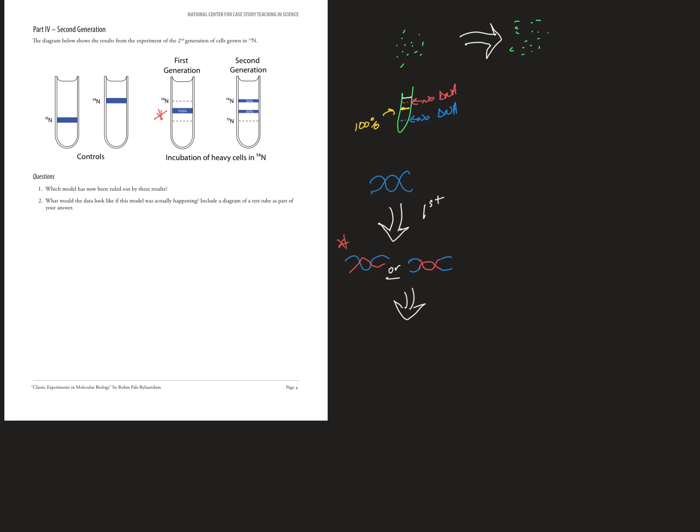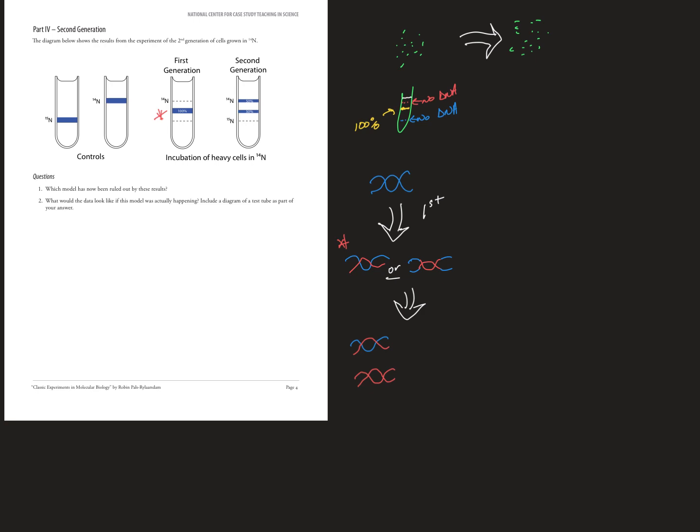So now what would you expect? Well, if you copied each of these again, in the semi-conservative model, you still have the old strand together, right? It's still there. You're still going to combine it with a new strand. But now the other red one is going to be used as a template, and then the second new one made of nitrogen 14 is going to be made as well.